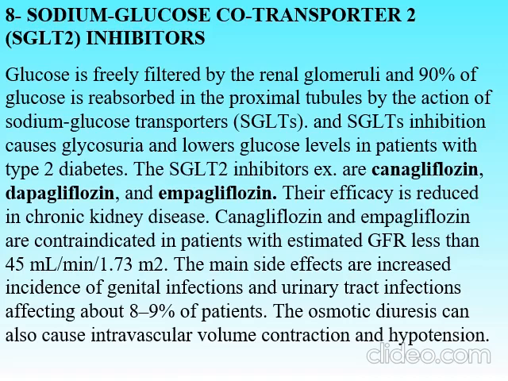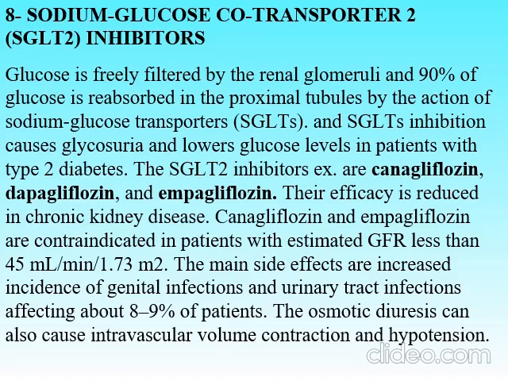Sodium glucose transporter inhibition causes glucosuria and lowers glucose level in patients with type 2 diabetes, increasing the excretion of glucose with the urine.